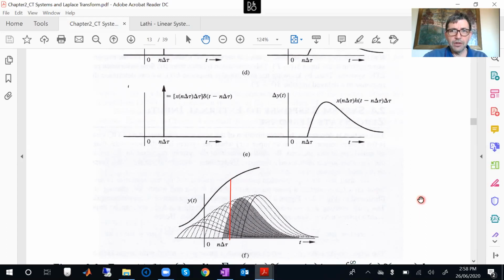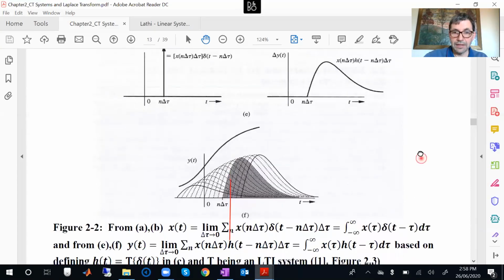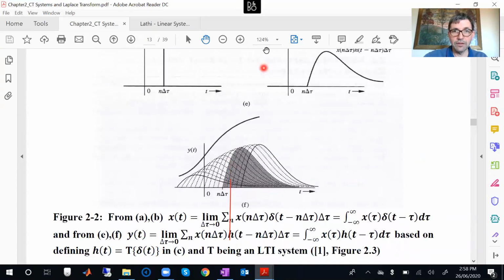If you're finding this a bit hard to visualize, maybe the mathematics may make it easier. So let's look at the mathematics behind this. What we've said is that the input is equal to the sum of these pulses spaced at different times, with their heights, summed for all n.